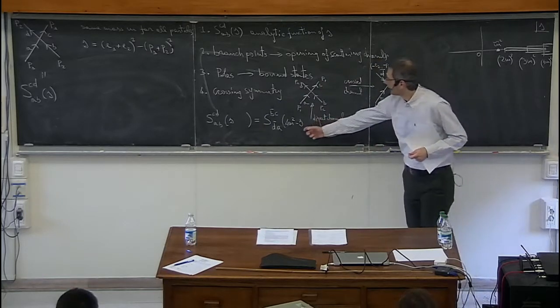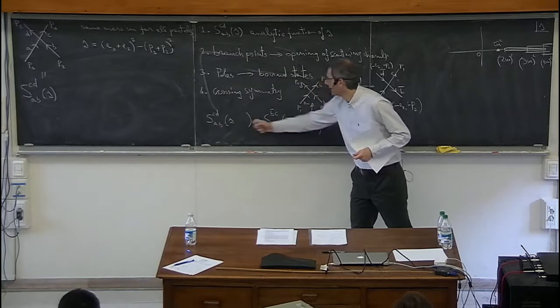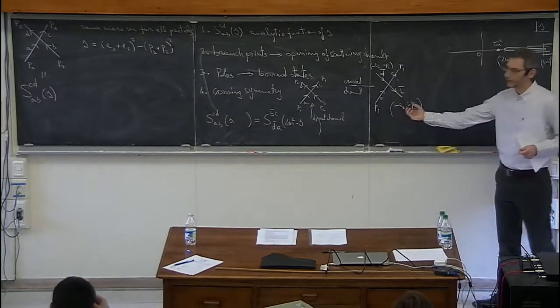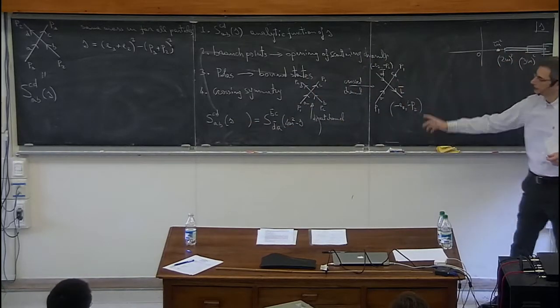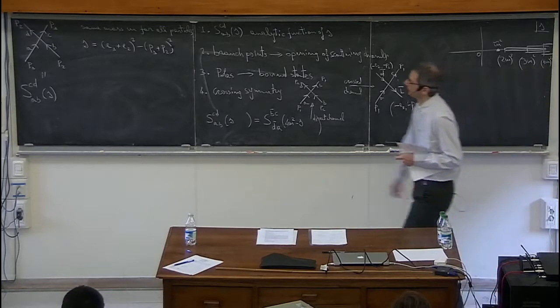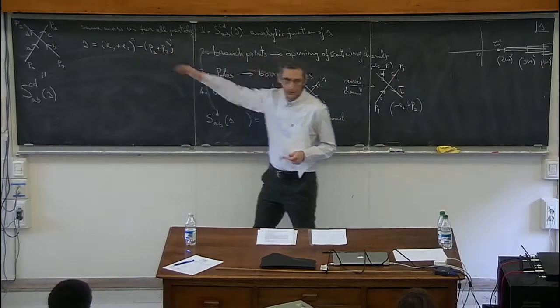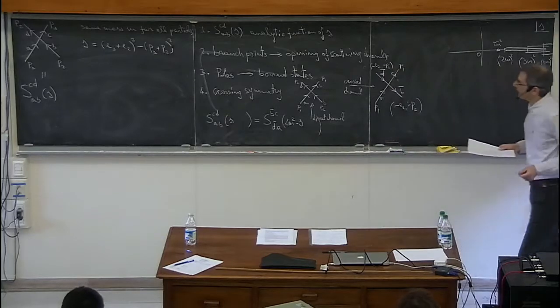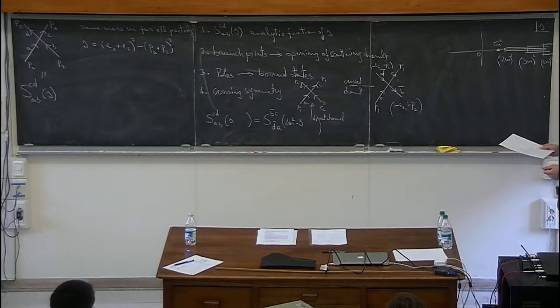So this is the change in s induced by the fact that I'm reversing the sign of energy and momentum. You can start from this definition and perform the continuation.